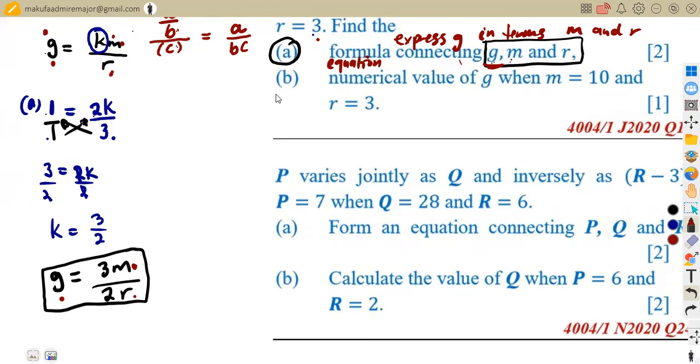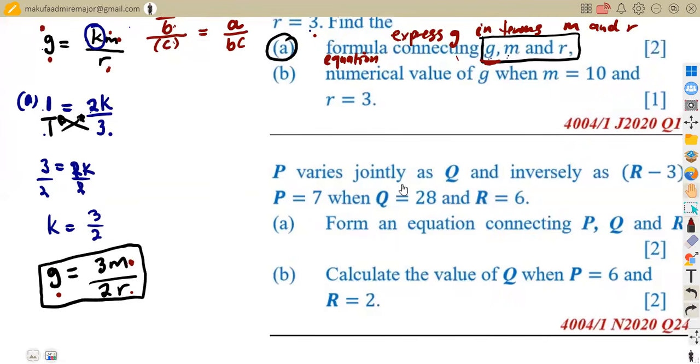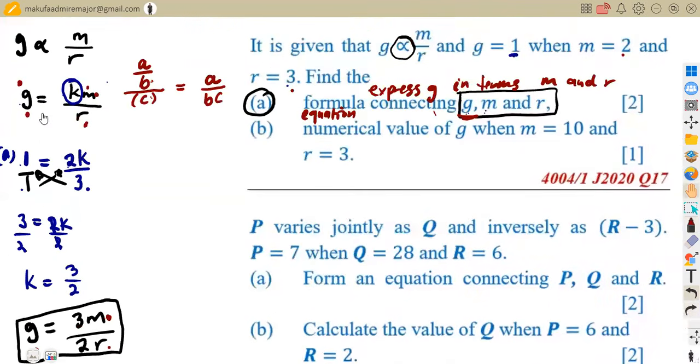The equation, the formula, express G in terms of. You have made G the subject of the formula. But they are simply saying, find the formula that connects G, M, and R. So you have to calculate the constant, because you are not given it. Like I said, sometimes they'll ask you to write in terms of the constant. Then you have to leave your answer at this stage.